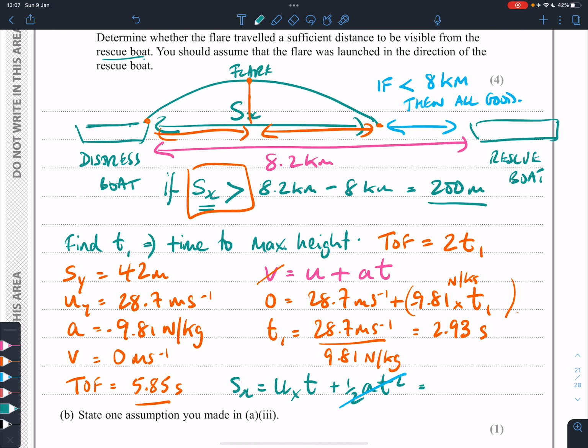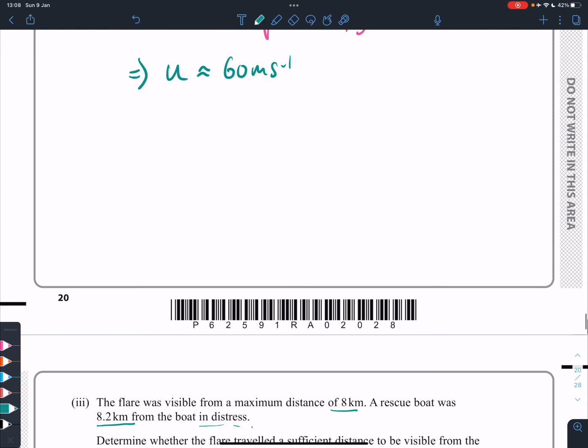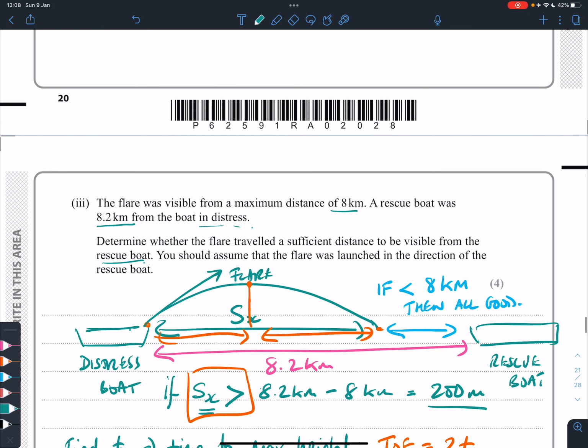And then the horizontal velocity, which we know is, what did we work out it was? 57.4 meters per second.